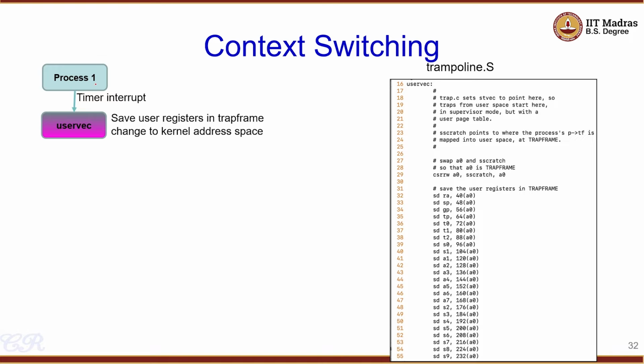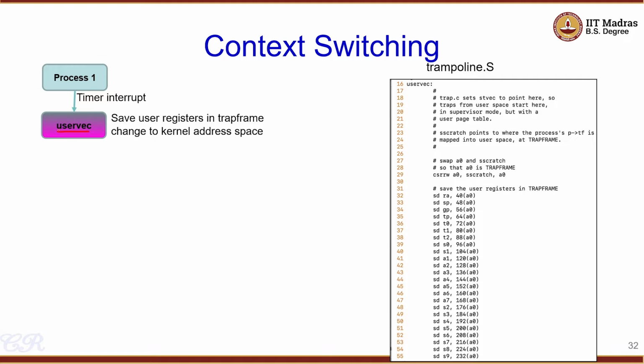So, process 1 gets interrupted and moves from the user mode to the supervisor mode, right. The program counter is loaded with the value stored in STVec, which holds this particular function, uservec.